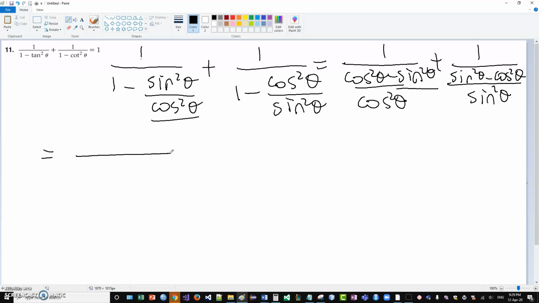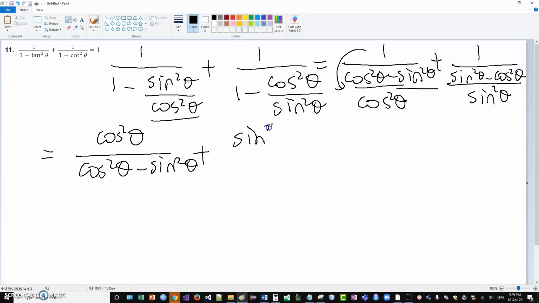Now we have 1 over this, so we can flip that. I think we can say cosine squared theta over cosine squared theta minus sine squared theta plus sine squared theta over sine squared theta minus cosine squared theta.